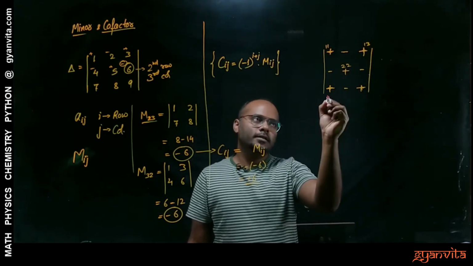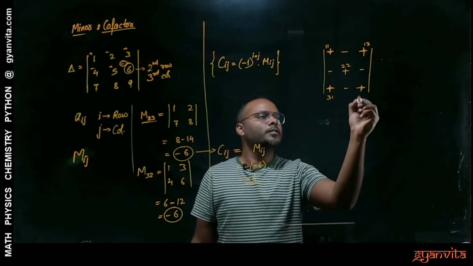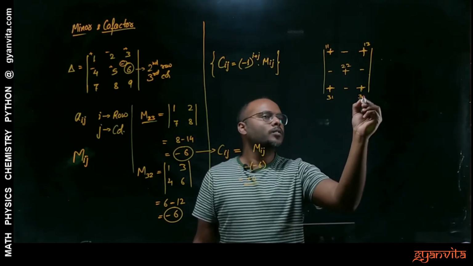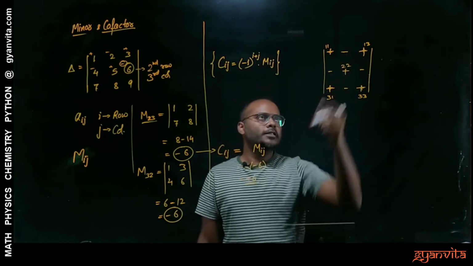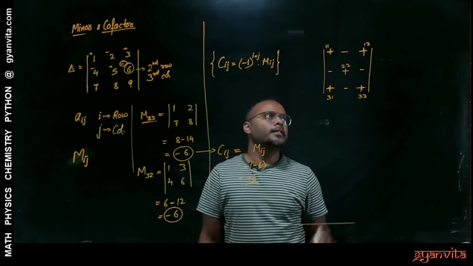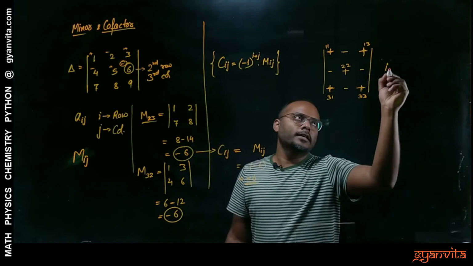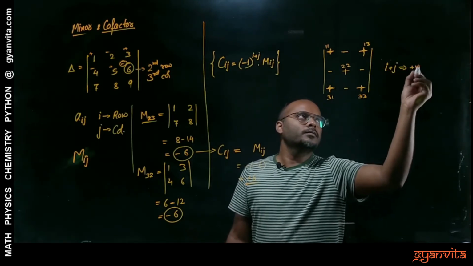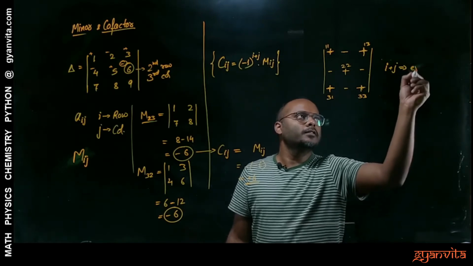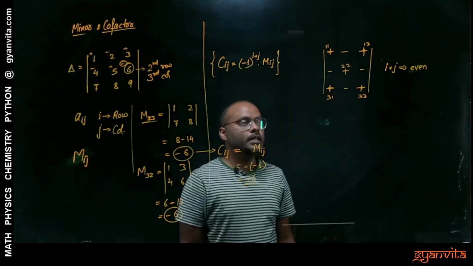This is third row, first column. This is third row, third column. So if you observe this carefully, the sum of i and j is actually, in all these cases, even. And that's why they are positive.